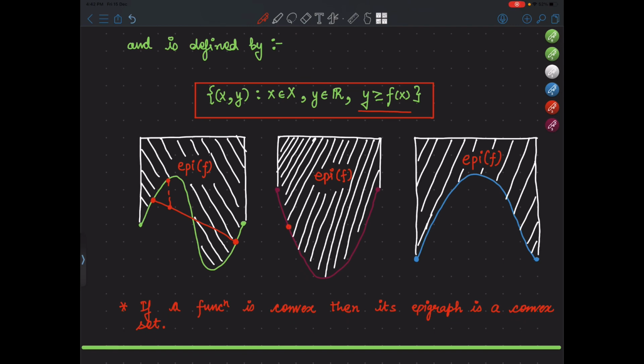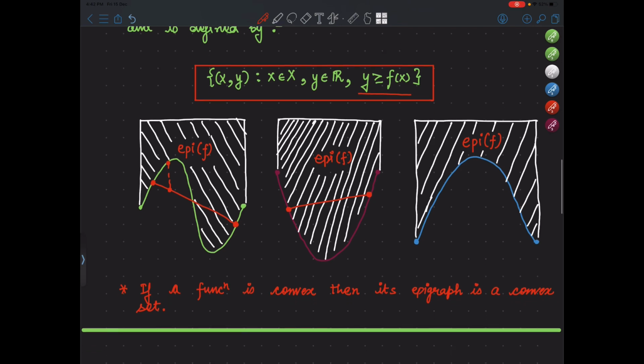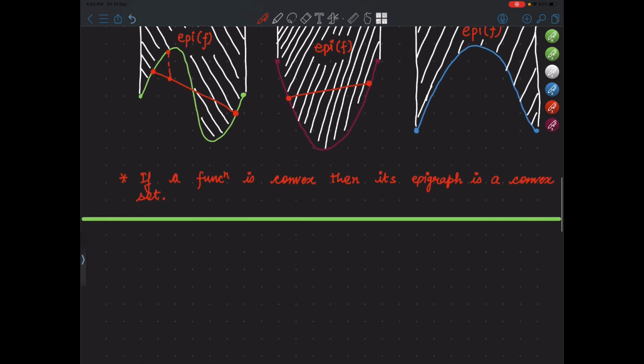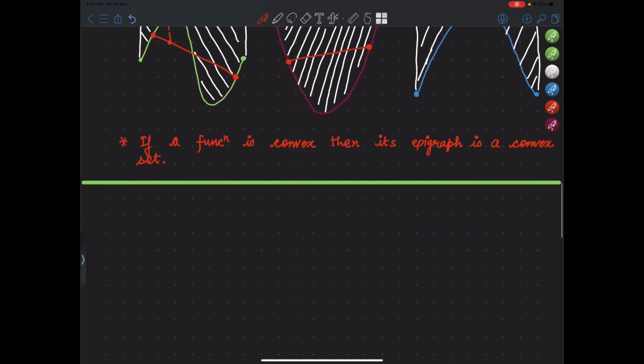But here there's a convex function, and if we draw a line, it lies within the epigraph, so the epigraph looks like a convex set. Now let us continue the discussion and see this result in a more formal way, as a theorem, and try to prove it.